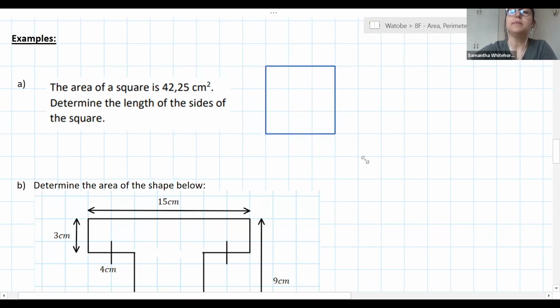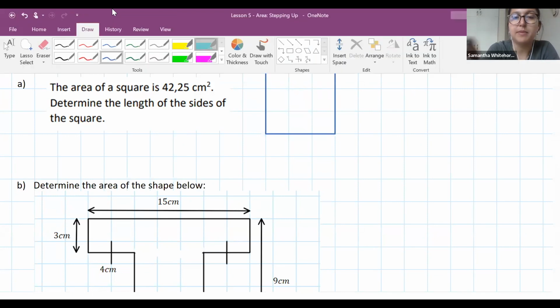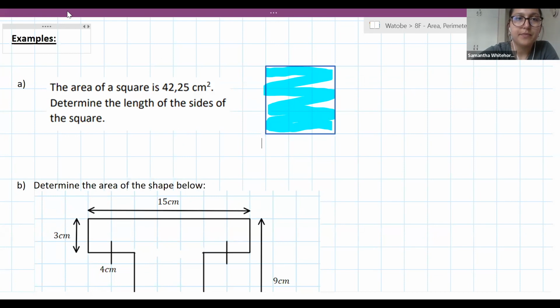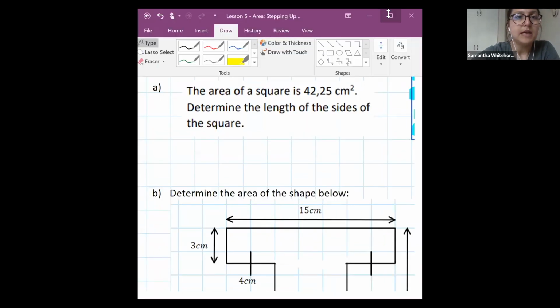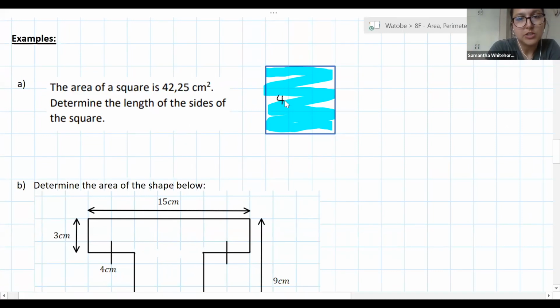So here's my square, and I have been given information about the area. Now, remember, the area is all of the space that the shape takes up. So if I were to color in my square, that would be its area. So if we talk about the area of the square, we are told that it's 42,25 centimeters squared.